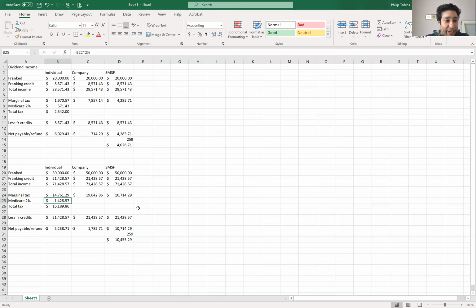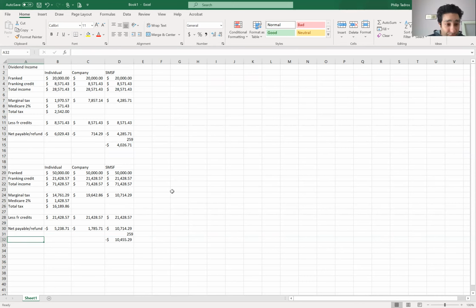We've also got Medicare levy, 2% of 71,000. You're left with a total tax of $16,000. Now, you've got your franking credits, 21,428. In your individual tax return, you have a refund of $5,238.